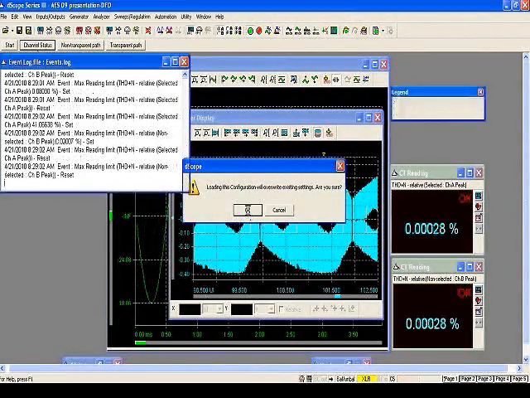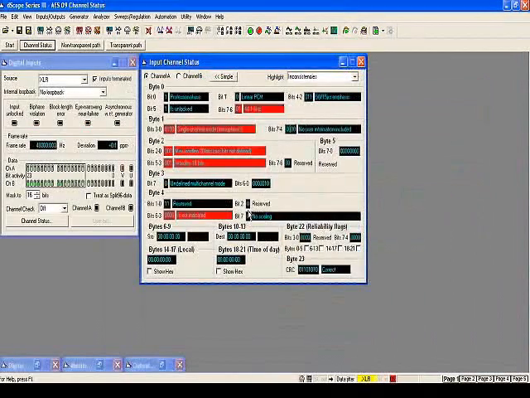So now we're actually looking at a live representation of this dialog box I was talking about before, and this is on the input side. We're looking at the channel status and reading what's coming down the cable from the last piece of equipment.